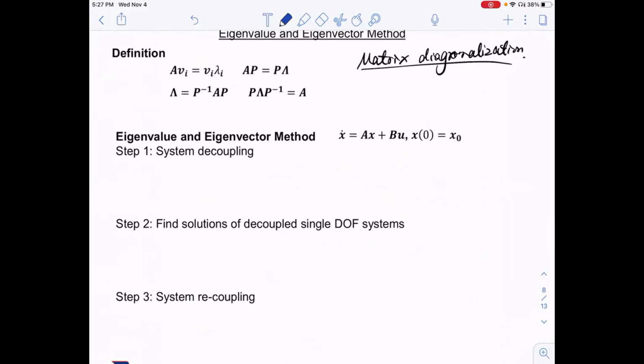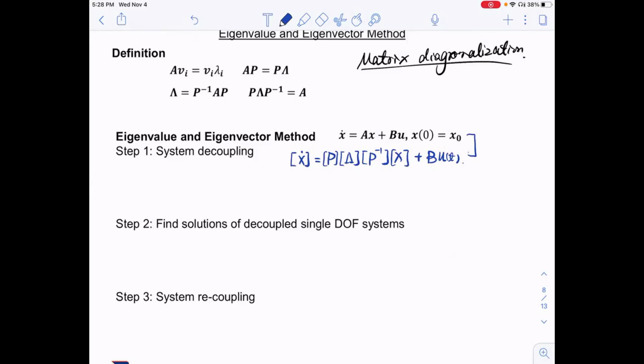What we can do is leave your x dot there. We know that the A matrix can be written as P times lambda times P inverse, times x, plus B times u, a time-dependent input.